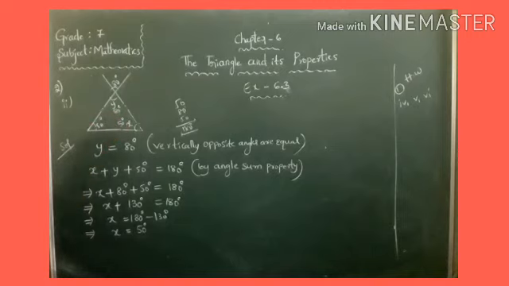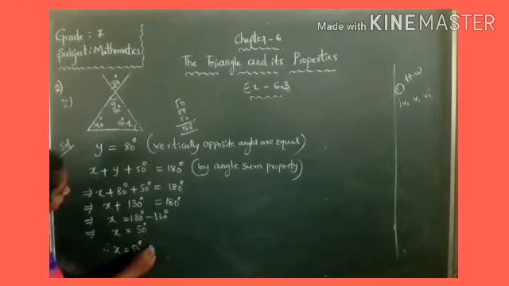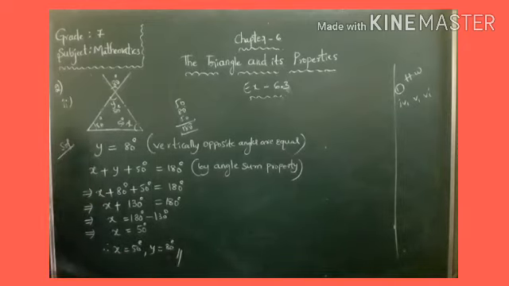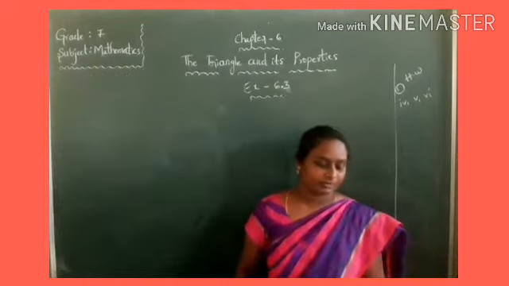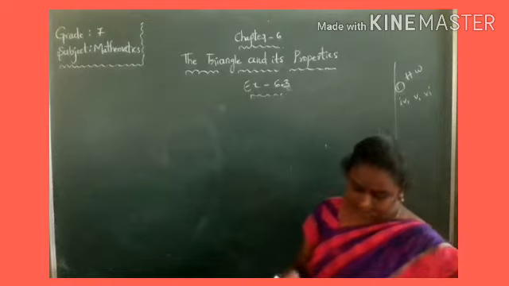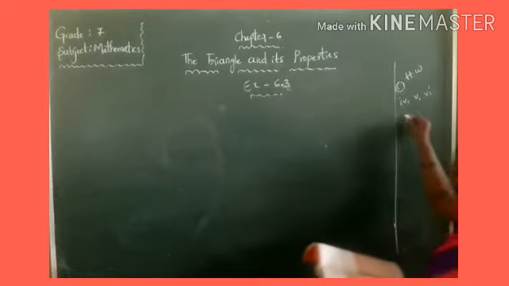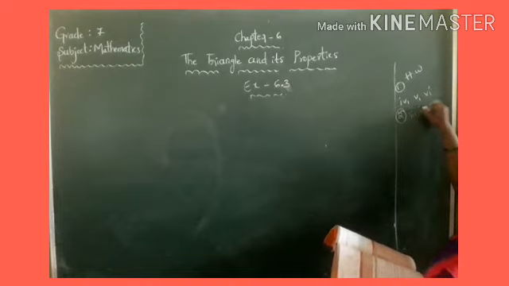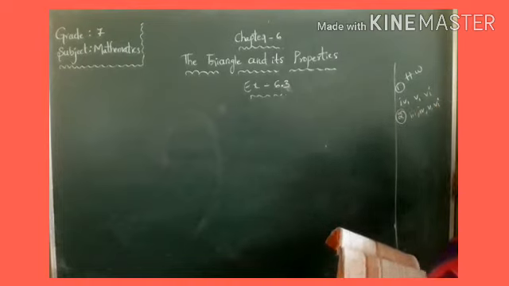Yes. So finally, x is equal to 50 degrees and y is equal to 80 degrees. In the textbook, the remaining questions 2, 3, 4, 5, 6, you have to do yourself.